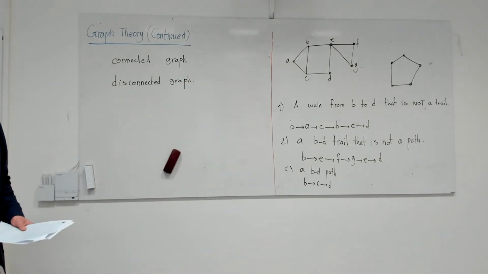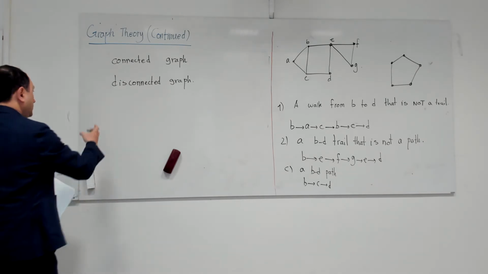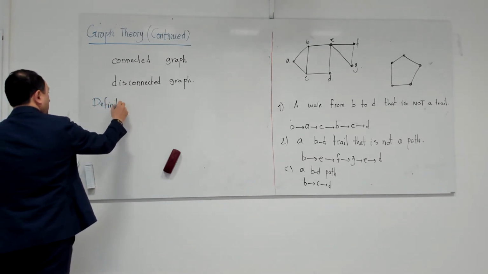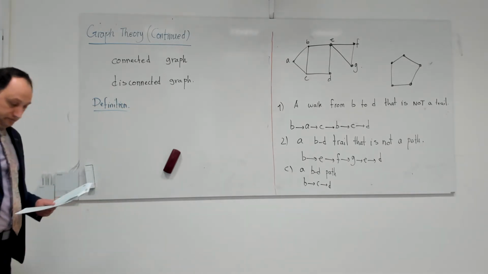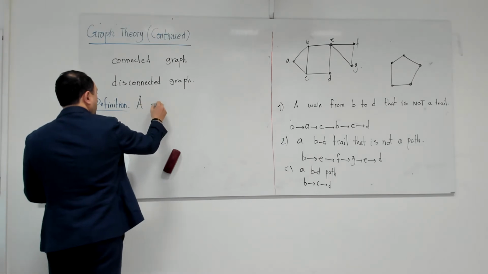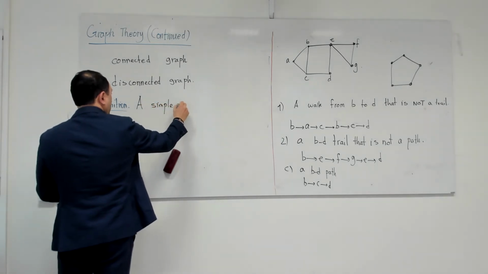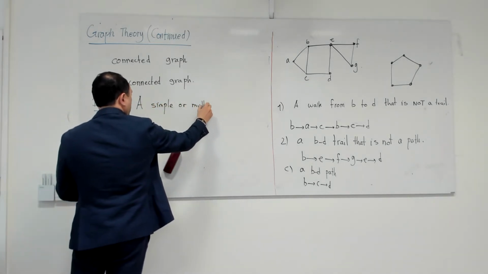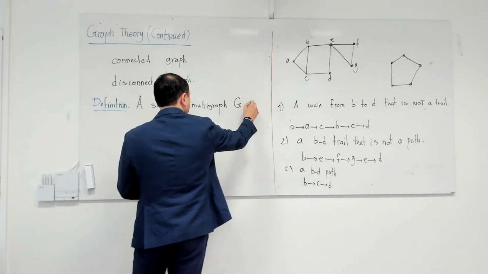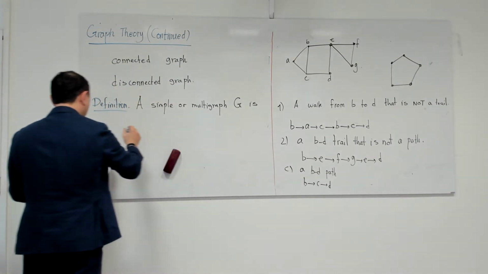So let me write the definition for you. Okay, so definition. A simple or multi-graph G is said to be connected.